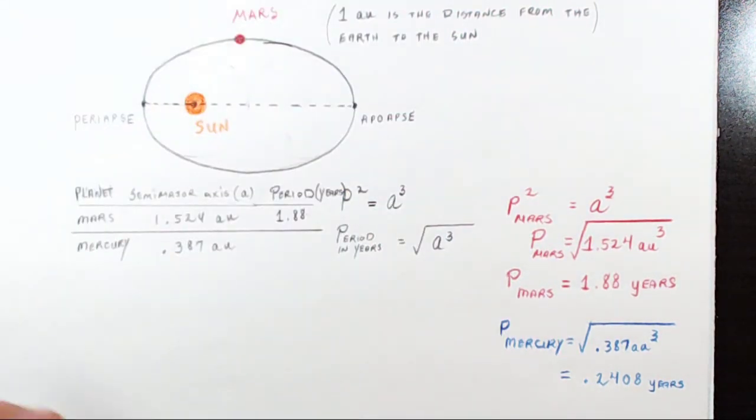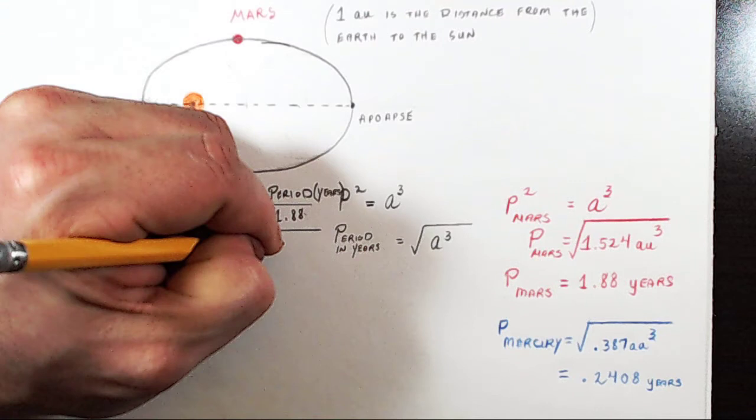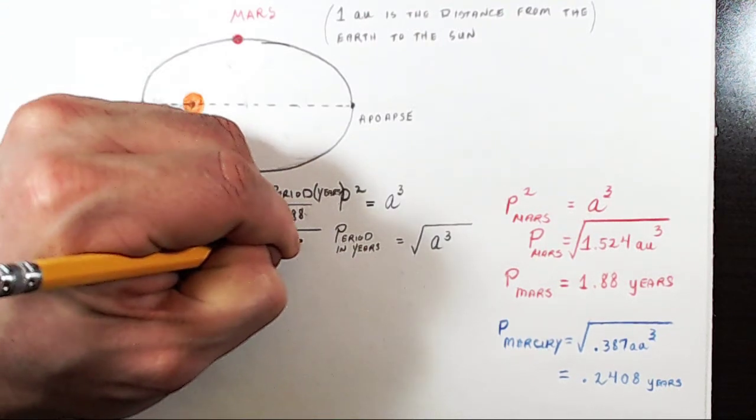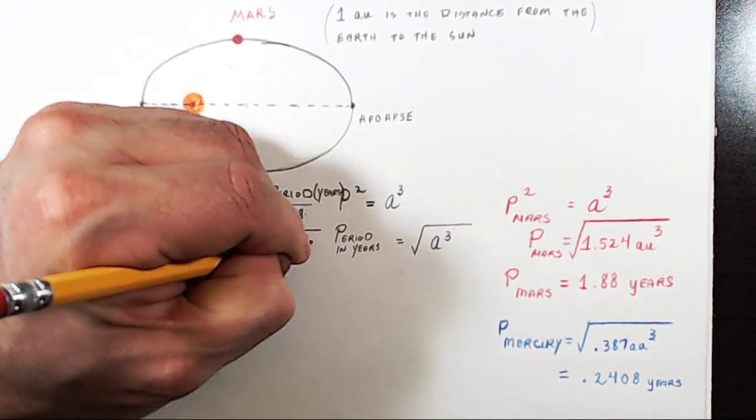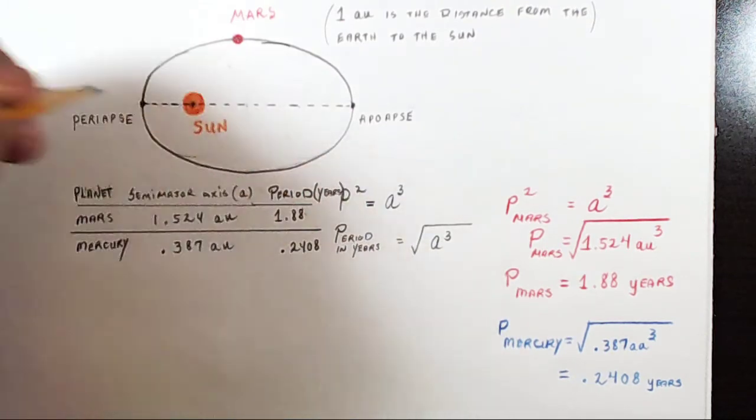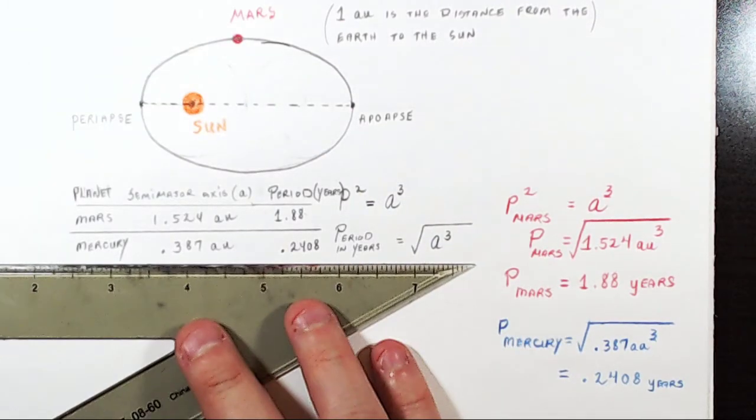So we'll put that in our table. 0.2408. And let's continue.